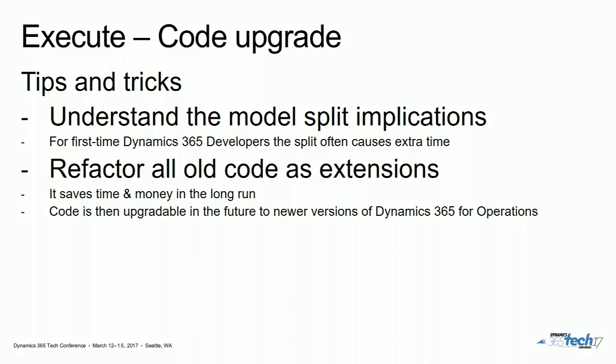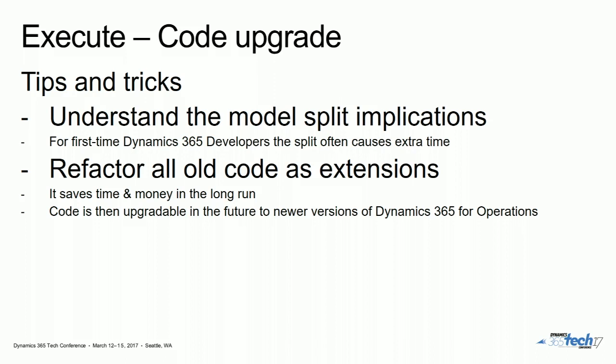This bit about understanding the model split implications: I mentioned if you had a model in AX 2012, say Tarek's model in AX 2012, it's got all my customizations in. And I've overlaid whatever bits of code I needed to for whatever functionality I customized or created.